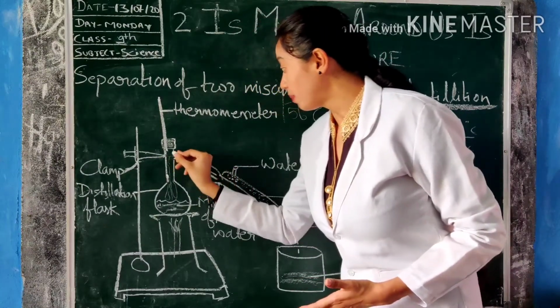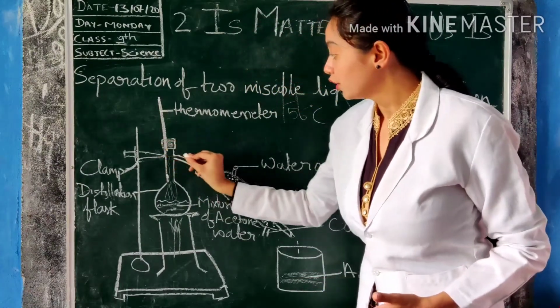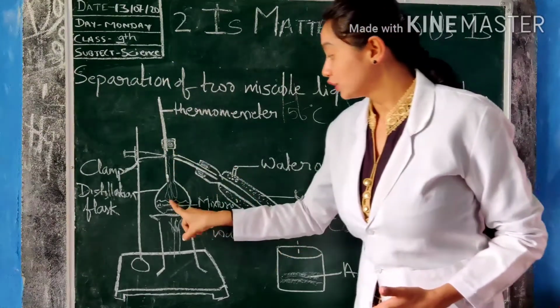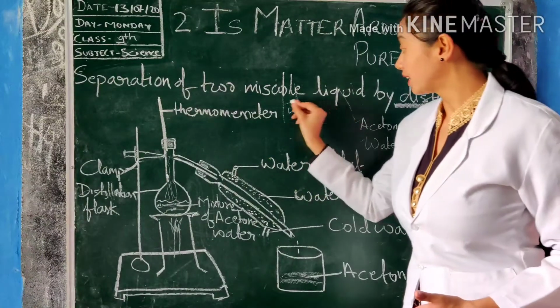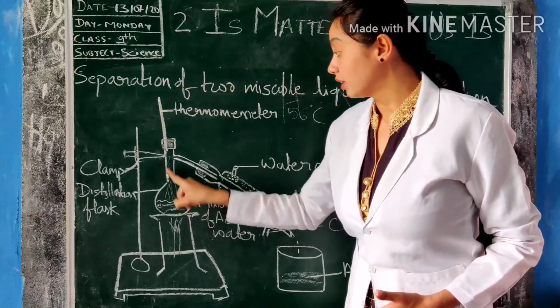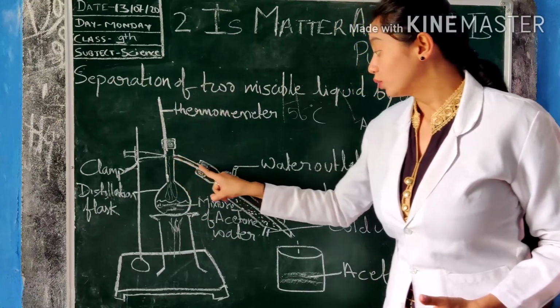Its path is closed here, so it gets space to move in this direction. So as the temperature reaches 56 degrees Celsius, acetone boils up, is converted into vapor form, and goes this way.